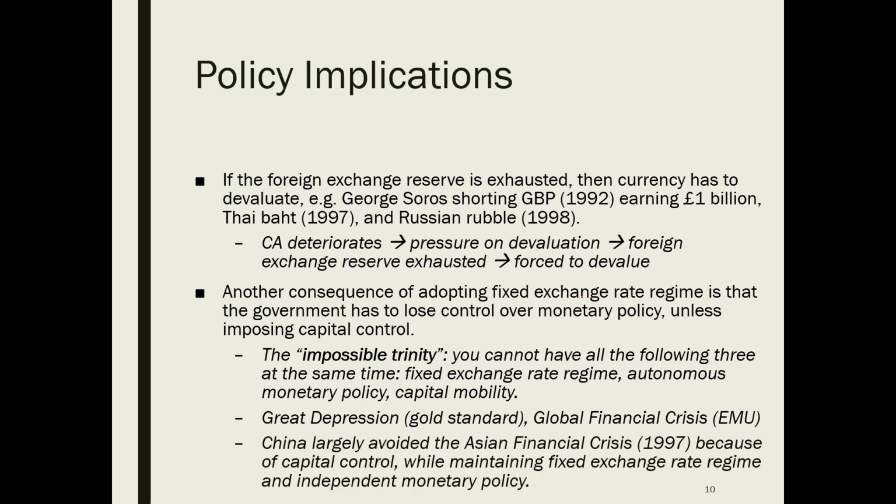An interesting case is China, which defeated George Soros' attack in 1997. China was, and still is, maintaining a fixed exchange rate and autonomous monetary policy, but the Chinese government has a very strict capital control.